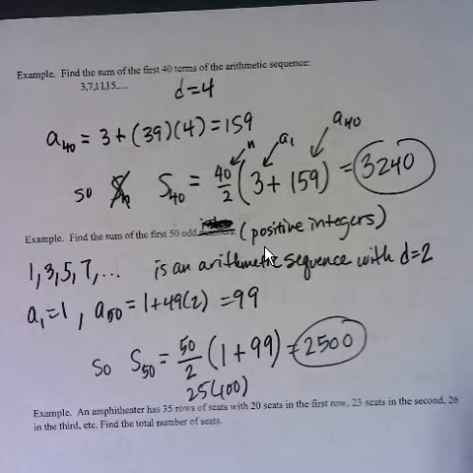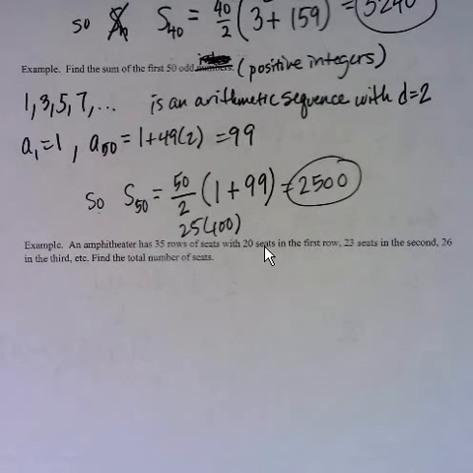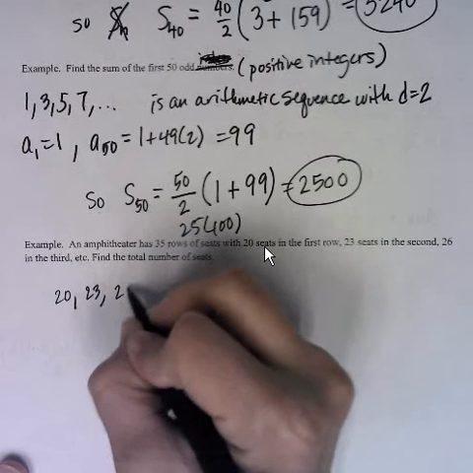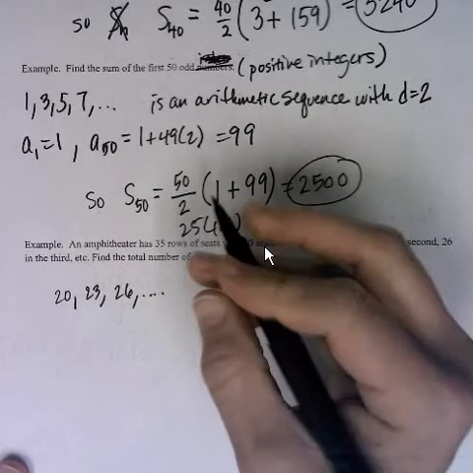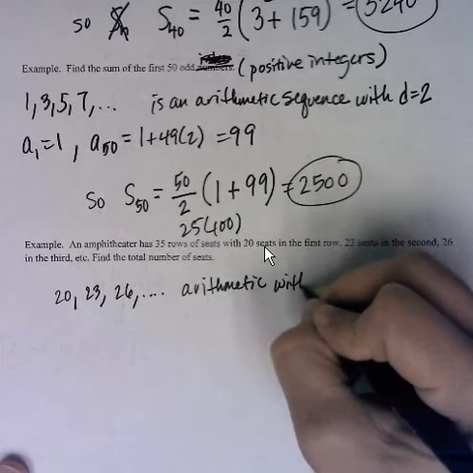Alright, one more example. Here's another place we could use something like this. It says an amphitheater has 35 rows with 20 seats in the first row, 23 seats in the second row, 26 in the third, etc. Find the total number of seats. Because of the pattern where we keep adding 3 to each row, this is really an arithmetic sequence. We've got 20, 23, 26, etc. So that's arithmetic with d equals 3.